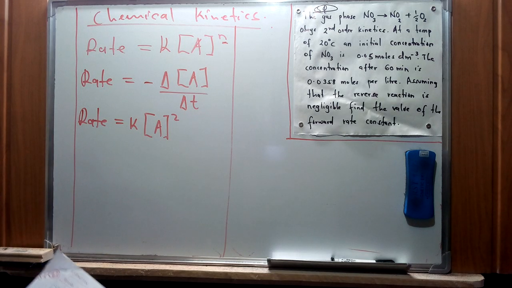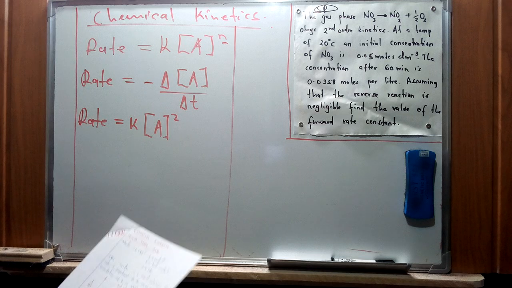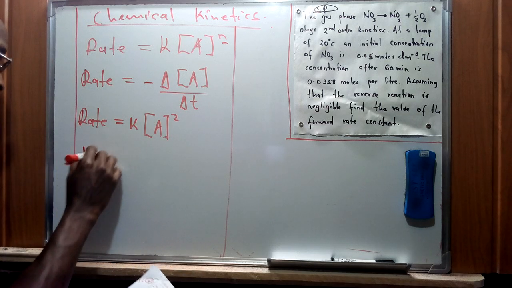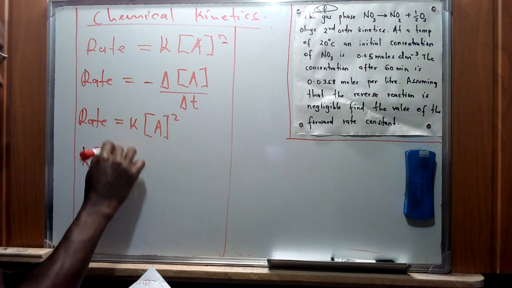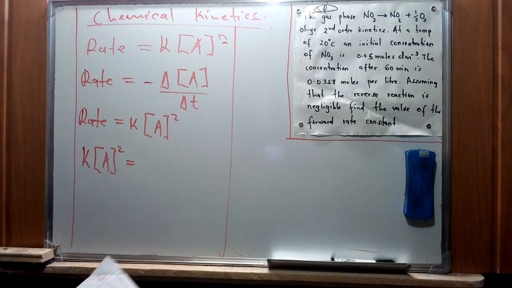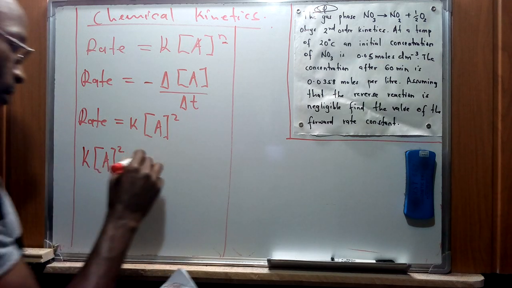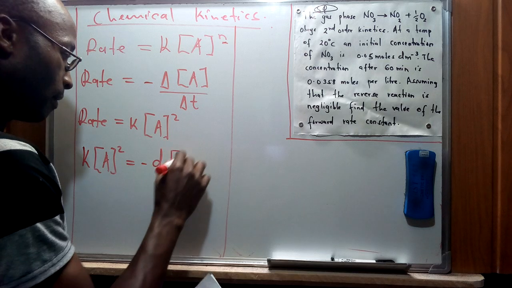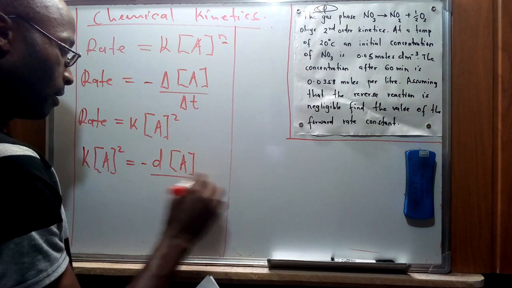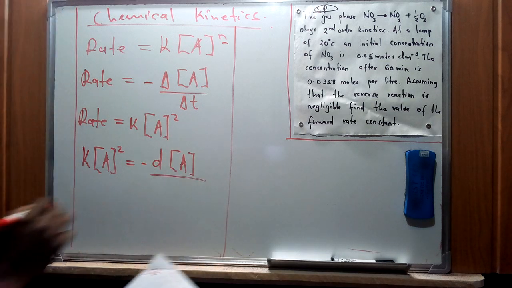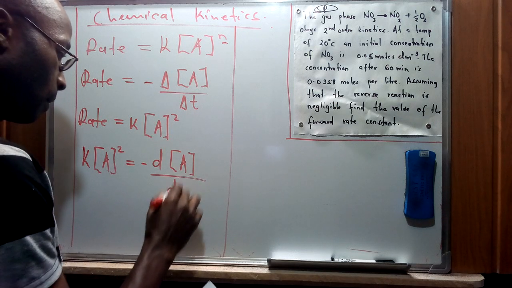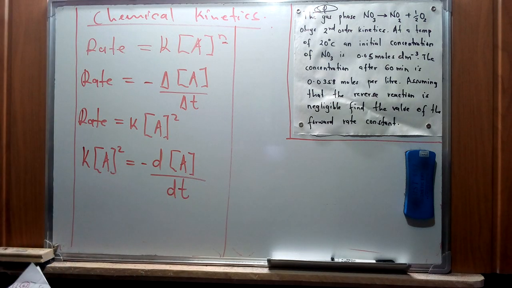So we have this general representation: the concentration of A for second order can be given as the change in the concentration with respect to time, given as such.